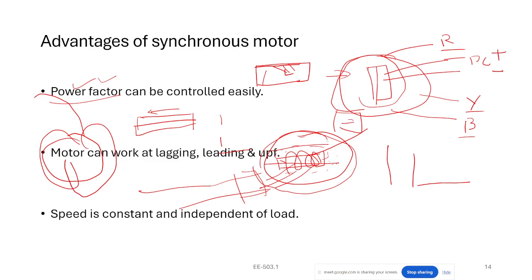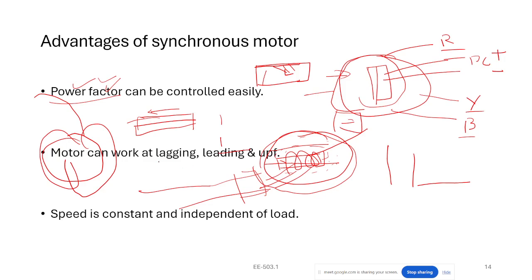Depending on the mark, it comes to leading, lagging, and unity power factor. So if we control the excitation by means of the potential divider for the rotor, we can control the power factor for this laboratory. In this way, by running the machine in the laboratory, we can control the power factor. This is one case.